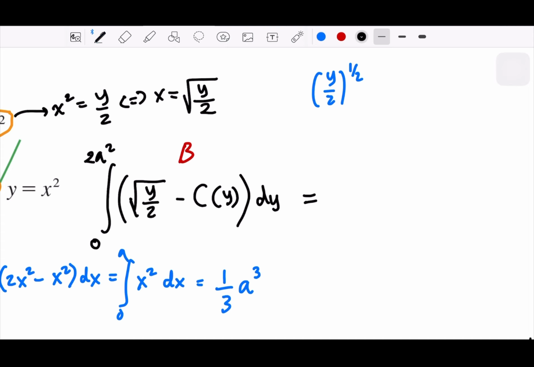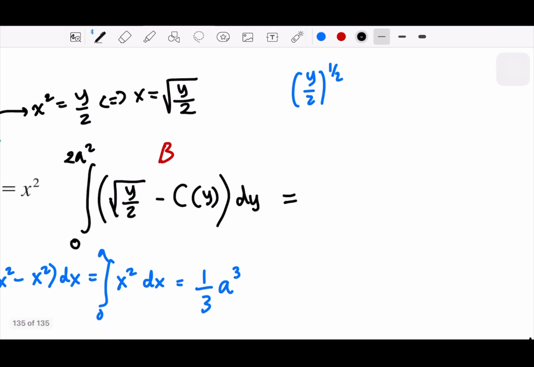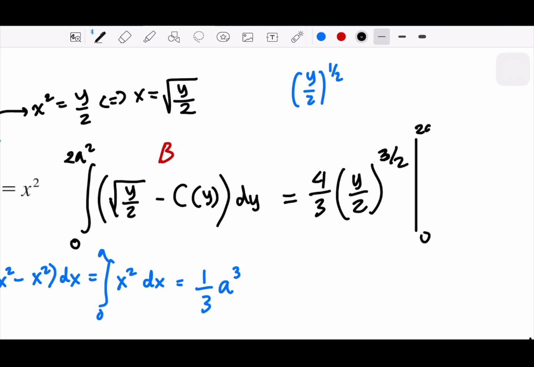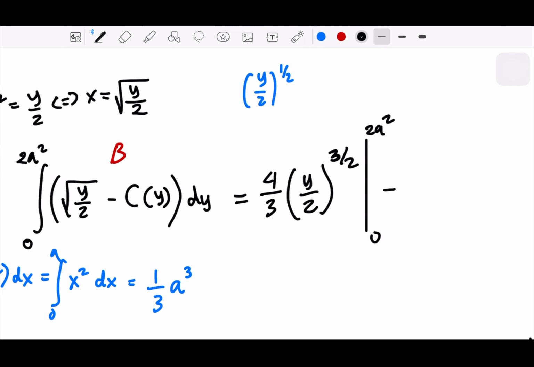To summarize, let me just write the final result here. 4 over 3, and then y over 2, and then 3 over 2. And this is from 0 to 2a squared, and minus the c, 2a squared, cy dy.